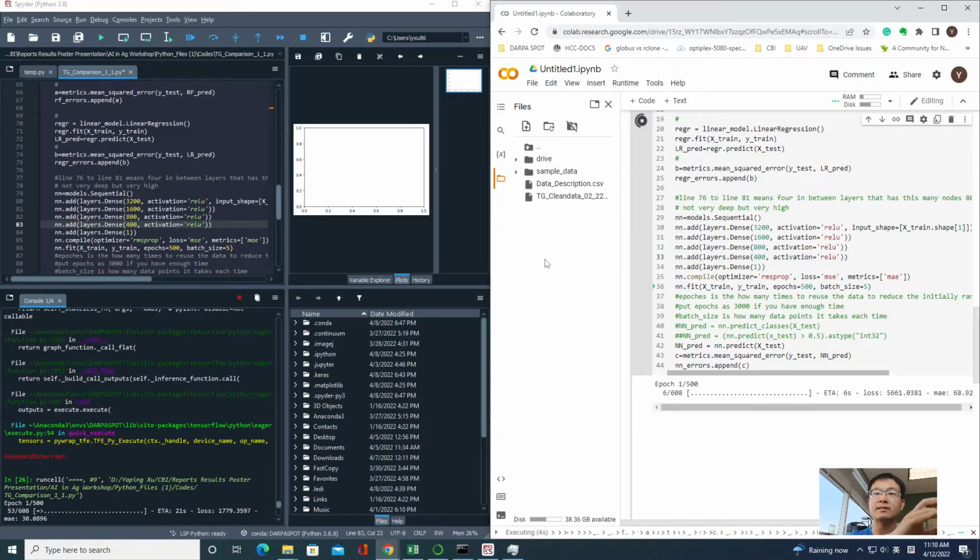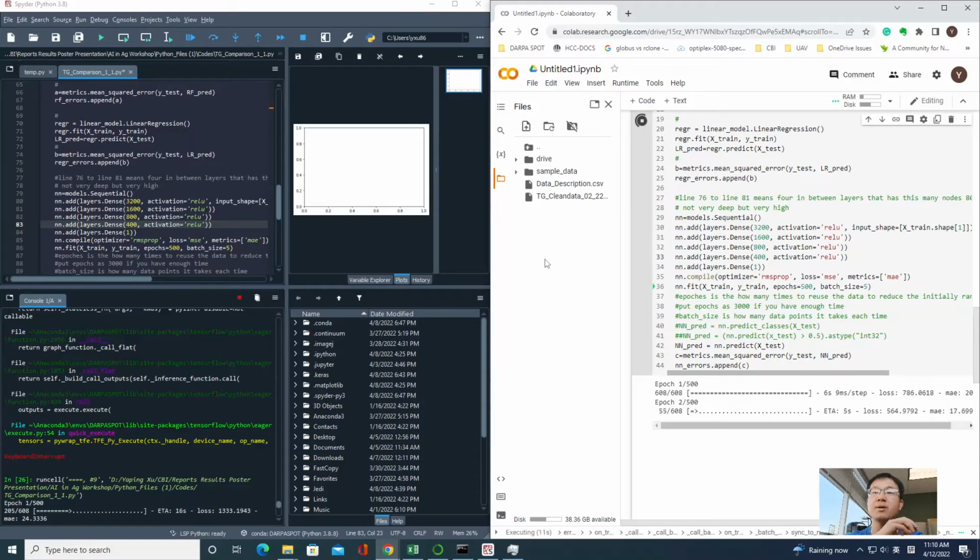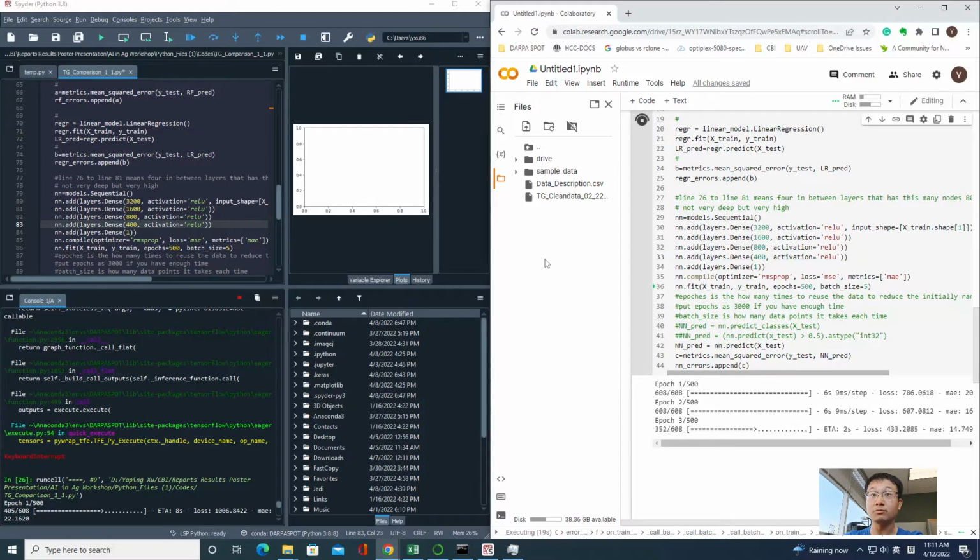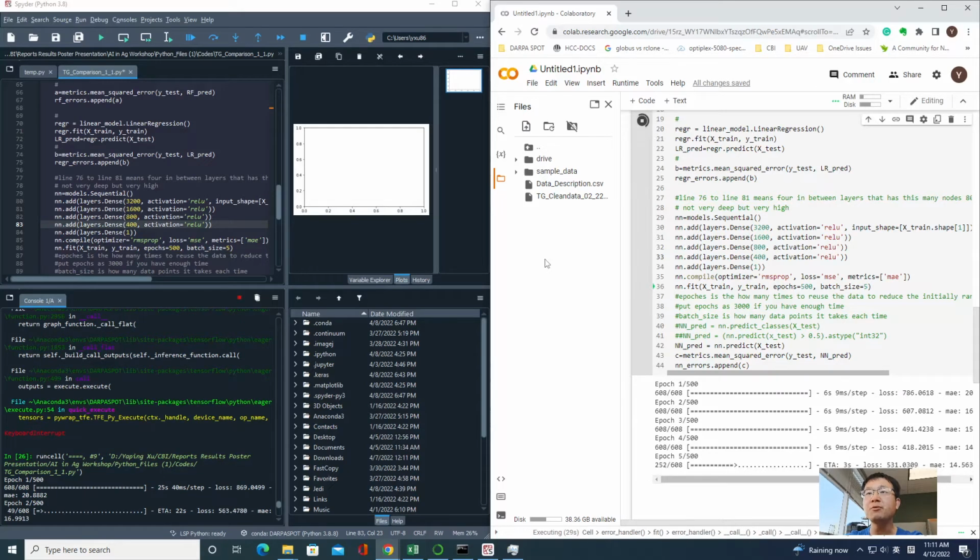CPU side starts to run first. That makes sense because it just gets the data from the RAM, which is faster. Now the GPU side already gets the result, but the left hand side is still running the first epoch. So GPU requires 9 milliseconds per step.